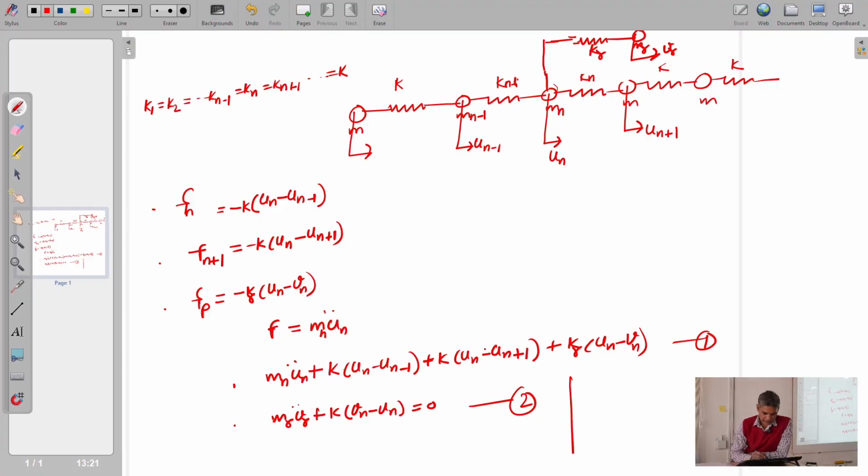Basically the solution for Un is equal to, say, U naught e raised to the power i omega t, right? Similarly, we can assume a solution for Bn is equal to B naught e raised to the power i omega t.